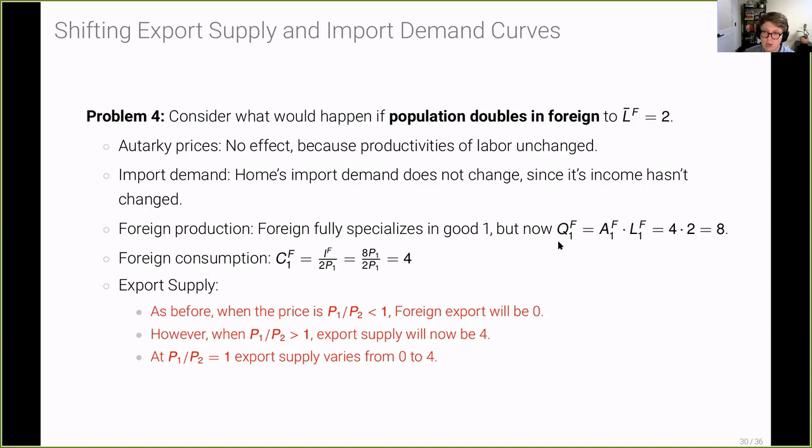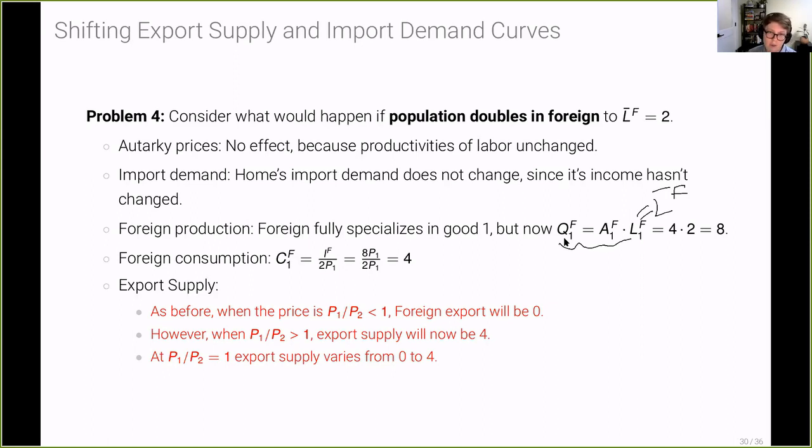If we look at foreign's production function of good 1, which is linear in labor, again like before, foreign's going to fully specialize in good 1. So we can replace L1F with the total labor force in foreign, which instead of being 1 as before is now 2. And so now foreign's production of good 1 is going to double to 8.